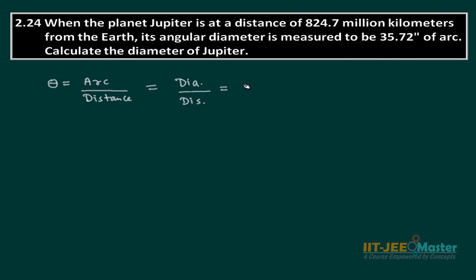So the diameter will be distance times theta in radians.